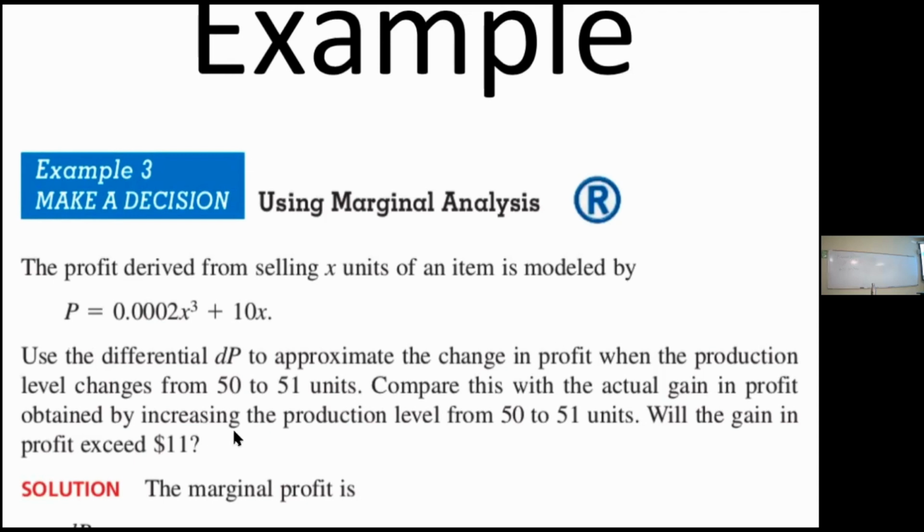So what are we going to do from here? Well, the first thing we're going to do is take that derivative. dp/dx is equal to 0.0006 x squared plus 10.